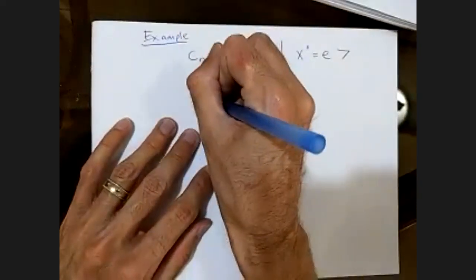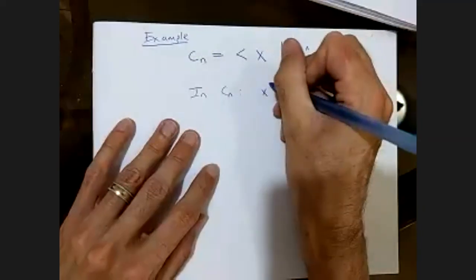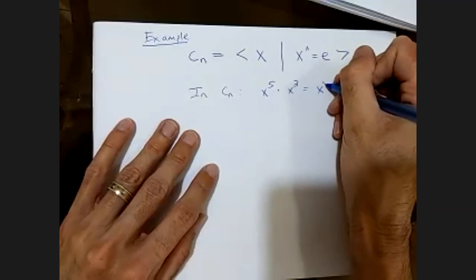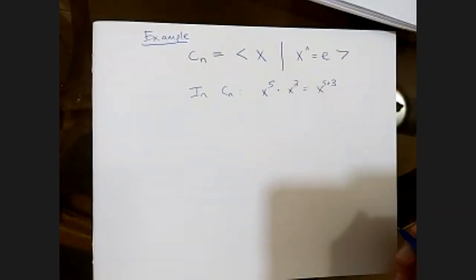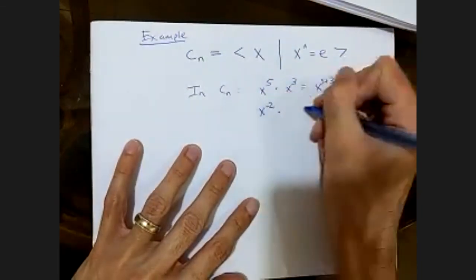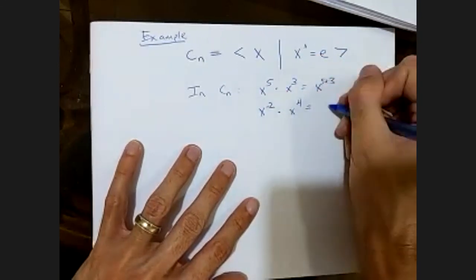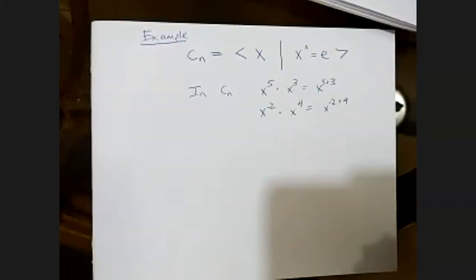So in C_n, x to the 5 times x cubed is just x to the 5 plus 3. You also have x to the minus 2 times x to the 4th, which is just x to the minus 2 plus 4, for example.